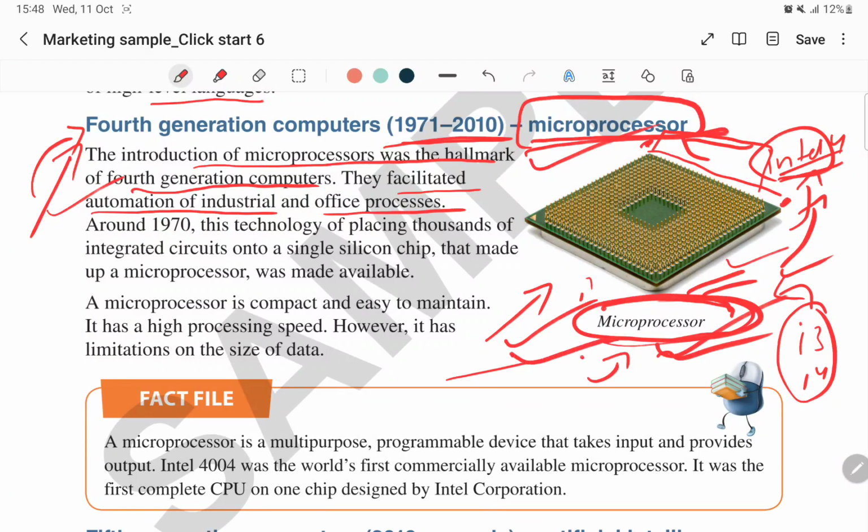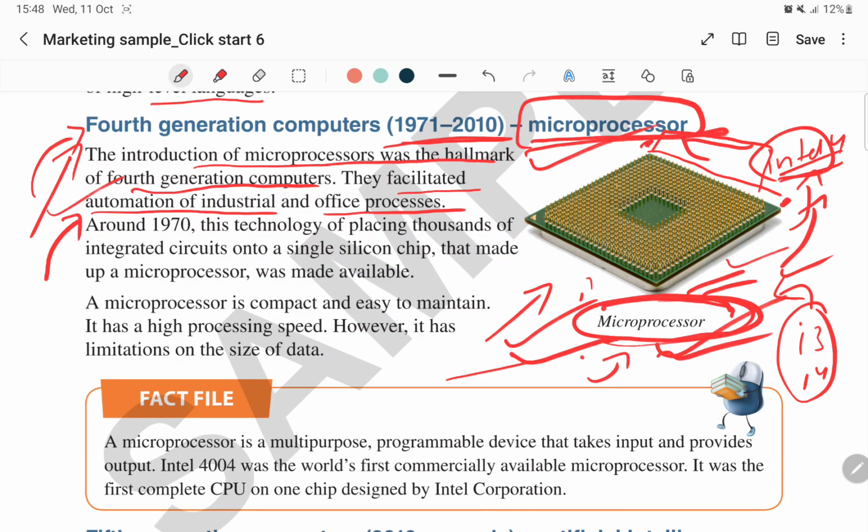By the help of the microprocessor, it was very useful for the automation of industrial and office processes. Automation means increasing the efficiency of industrial and office processes. It was also very helpful for the IT industry.